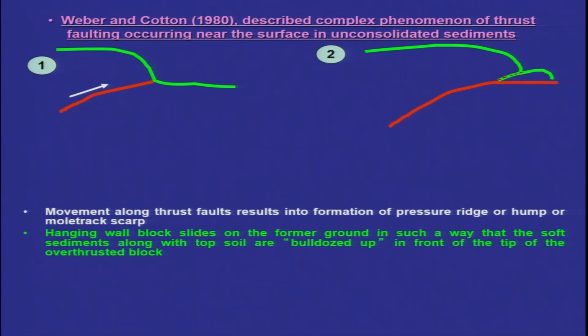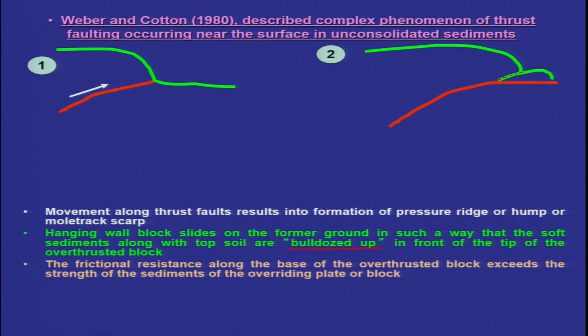The hanging wall block slides on the former ground in such a way that the soft sediment along with the topsoil is bulldozed. So this is a bulldozing effect which is experienced and seen in the Himalayas. In front of the fault tip, the overthrusting block will have the bulldozed material.